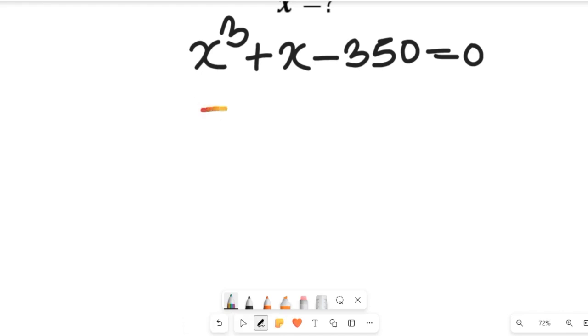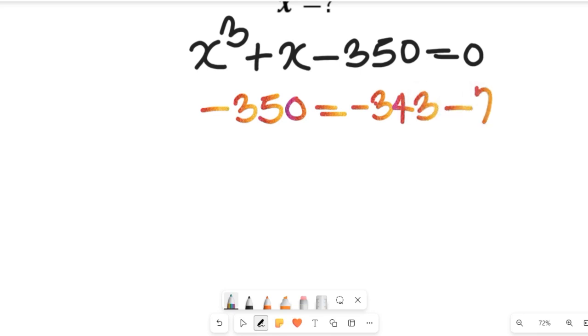Now let's look at the number minus 350. Minus 350 can be separated to give us negative 343 minus 7, which gives us 350. Now why do I use negative 343?